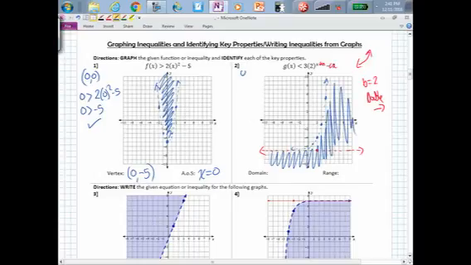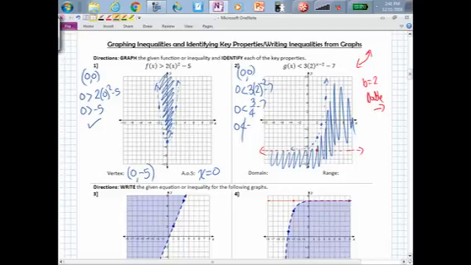I can check. Put 0, 0 in. I have 0 is less than 3 times 2 to the negative 2 minus 7. That's 3/4 minus 7. This is not true because 0 is not less than a negative number, whatever that happens to be. Therefore, we've shaded in the correct place because 0, 0 was not true.